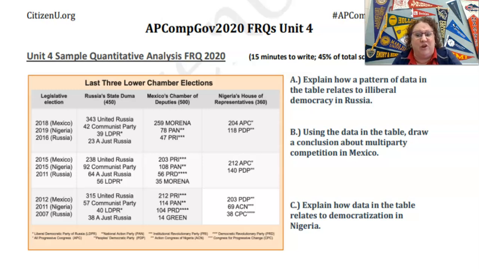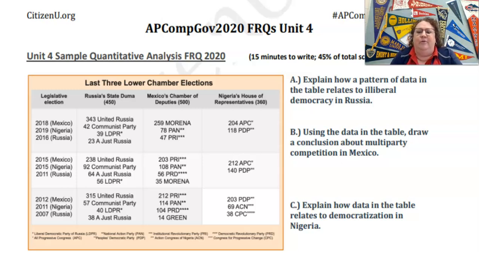We talked about the registration of political parties and possible election and government fraud. Since it says explain a pattern, you need to say, as you can see in 2016, 2011, and 2007, that the United Russia Party dominates the elections in the Duma. Okay, so make sure that you are explaining a pattern, and then you have to make the connection to why this makes it an illiberal democracy.